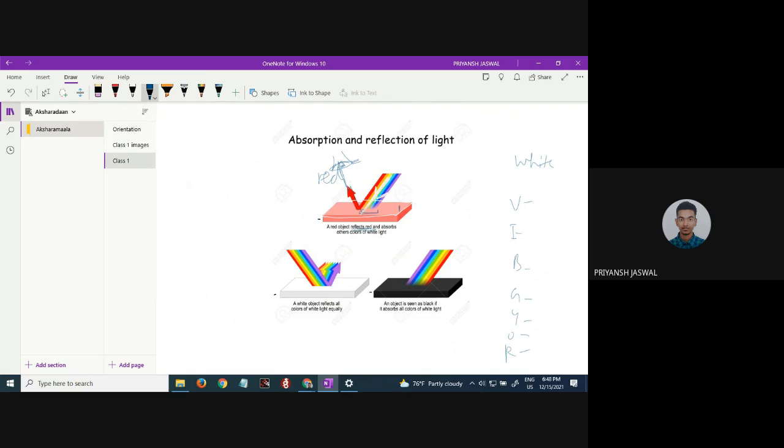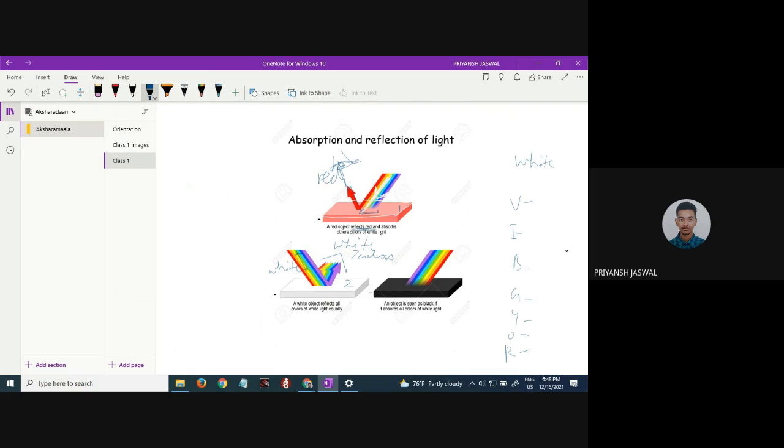It absorbs all other colors from the white light and reflects only the red color. Similarly, the second object, instead of absorbing anything, just reflects back all the colors. All seven colors are reflected. Initially the incident light was white because there are seven colors. Reflected, again there are seven colors, so the reflected light is also white.